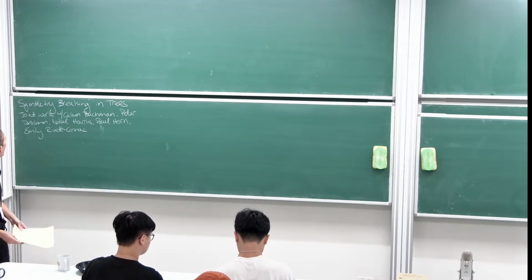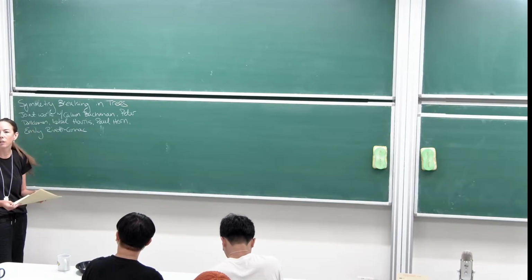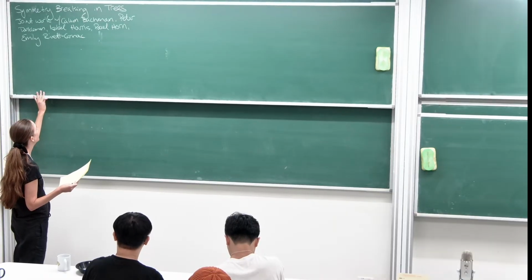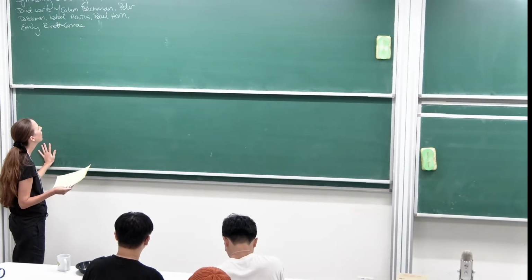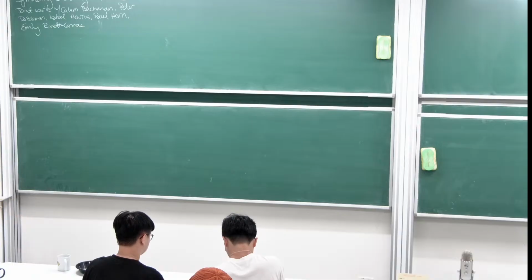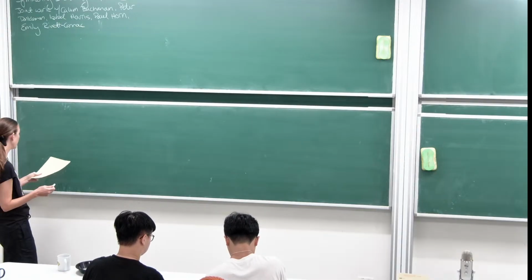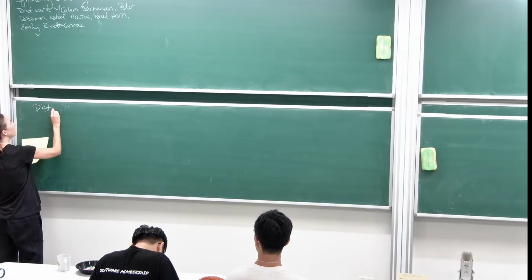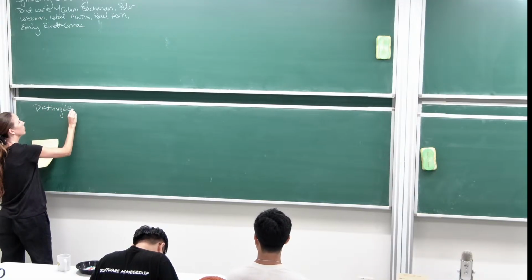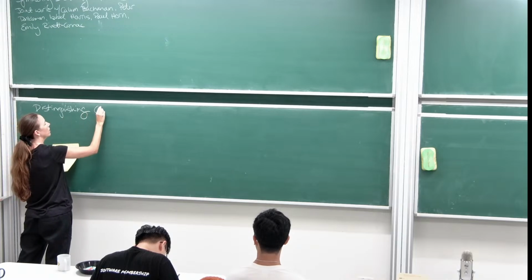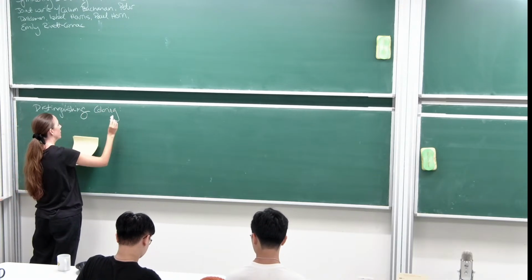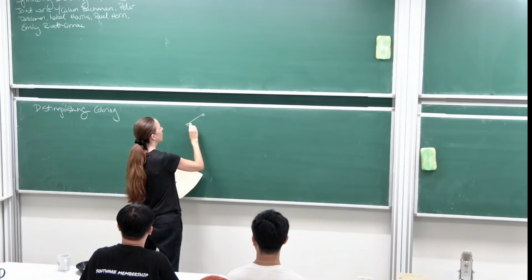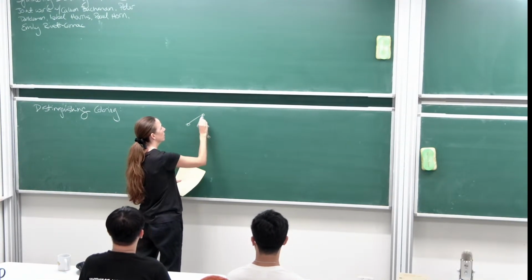So what I want to talk about is two symmetry breaking parameters. Let me start by defining those, and after that I'll talk about a bit of motivation. The first one is what's called a distinguishing coloring. For this, let's say I have some graph, and I'm interested in this one.